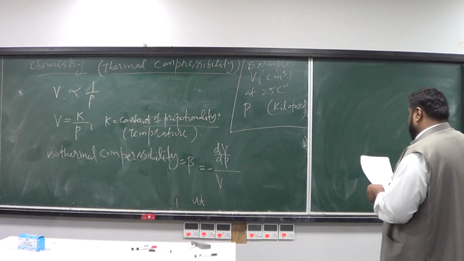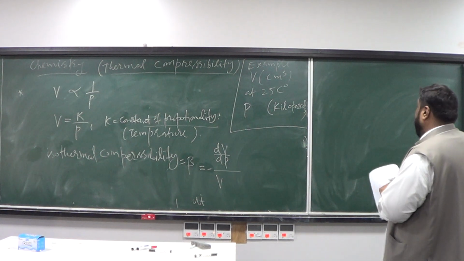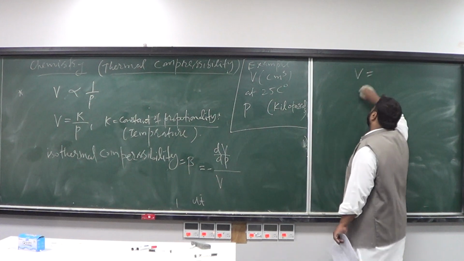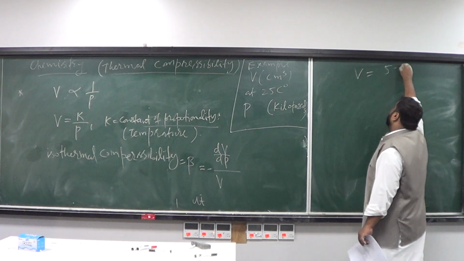So how are the volume and pressure related with each other? They are related by this equation, 5.3 over P.